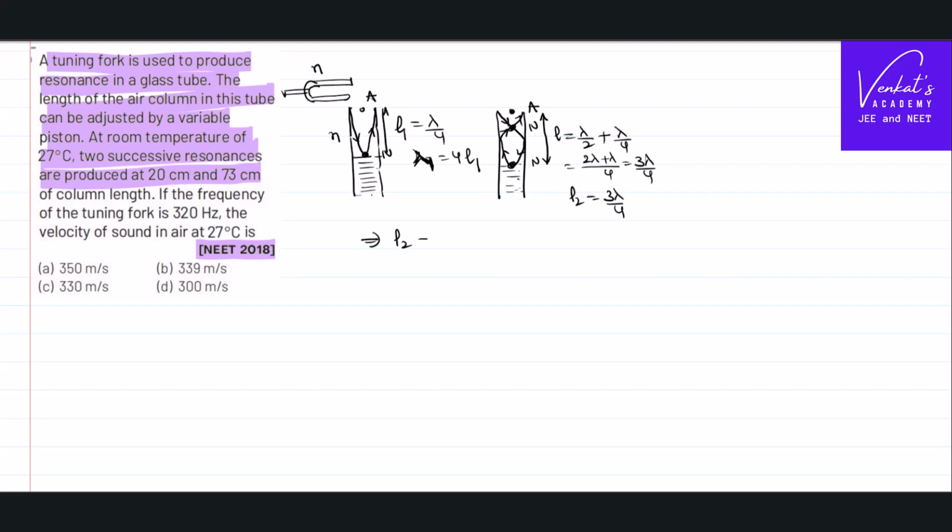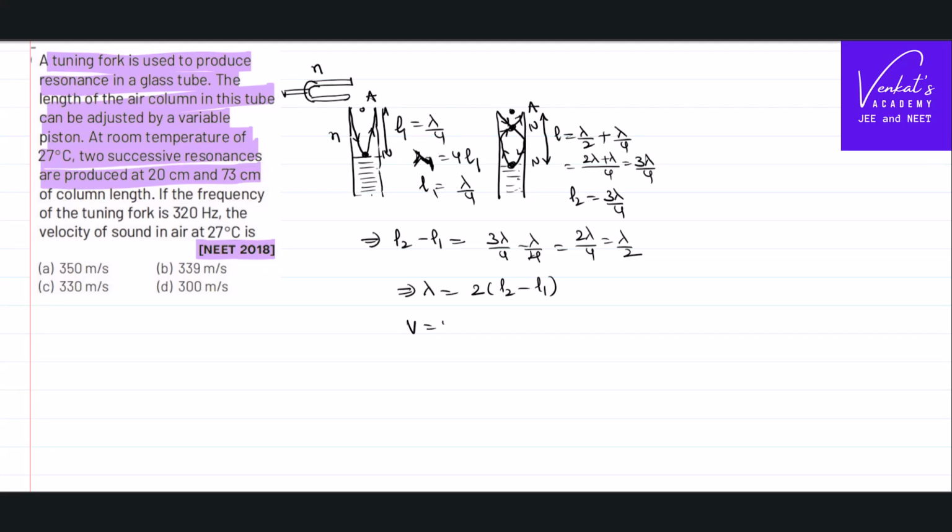Then when I write L2 minus L1, it is 3 lambda by 4 minus lambda by 4, that is 2 lambda by 4, that is lambda by 2. That implies wavelength lambda equals 2 times of second resonating length minus first resonating length.